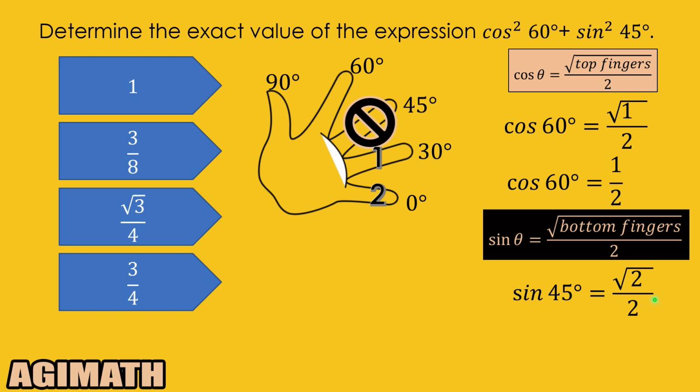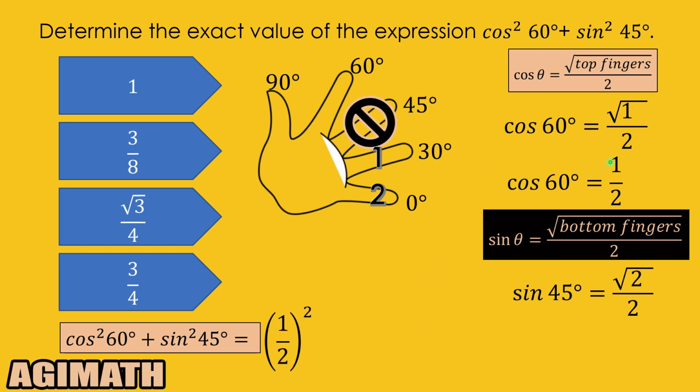Now after getting the two values, we can now proceed in finding the exact value of this expression. So to do that, we write the given, and then this is how you are going to do it. Cosine 60 is equal to 1 half. And then after having that value, that's the time you are going to raise it to the power of 2, or you square it.